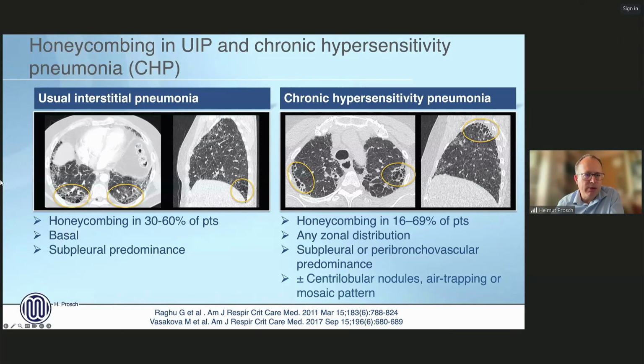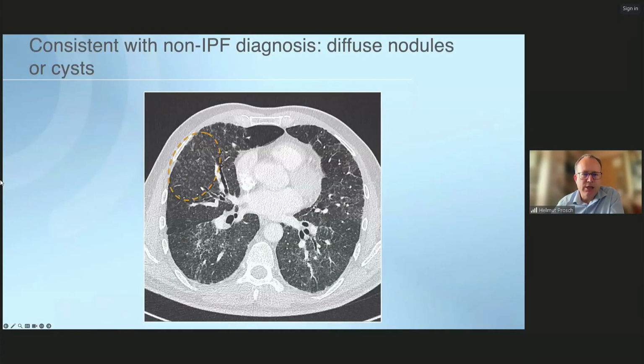In UIP, you see this basal predominance and no findings here in the rest of the lung indicating that you might be dealing with hypersensitivity pneumonia. Whereas in hypersensitivity pneumonia, you usually see quite a diffuse distribution, and the honeycombing not in a basal distribution. But then in addition to that, usually you see some ground glass nodules or air trapping. So this would be highly suggestive here of a UIP.